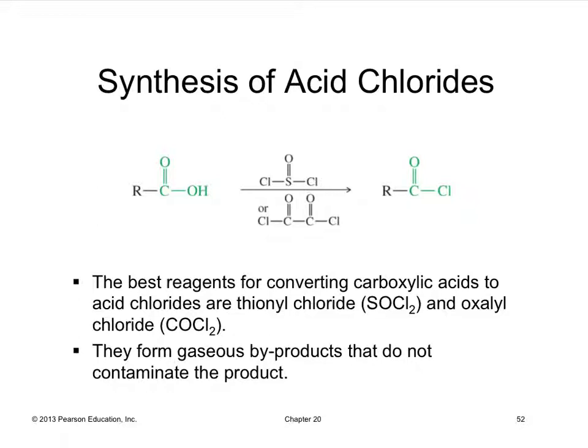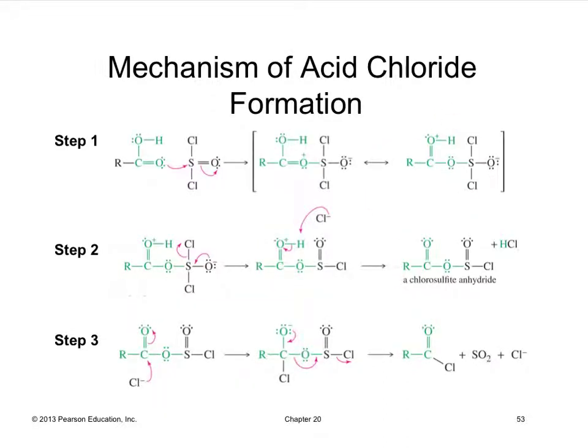Acid chlorides: you can take a carboxylic acid and subject it to thionyl chloride, SOCl2, or oxalyl chloride, (COCl)2, and here is your mechanism for that. Oxygen will first attack the thionyl chloride, electrons go to the oxygen, generating this intermediate. This undergoes resonance, in which electrons from your oxygen come down and quench that charge, and then electrons from the oxygen come in and kick off the chlorine.